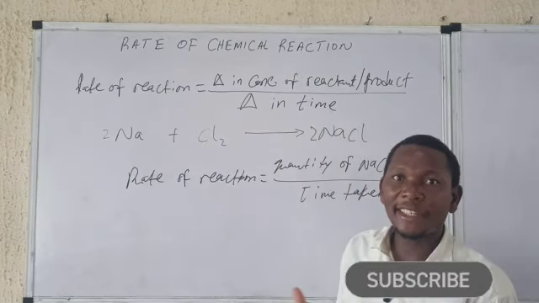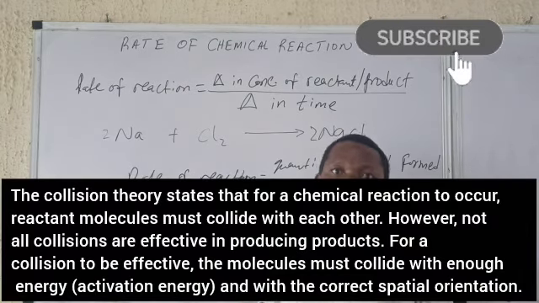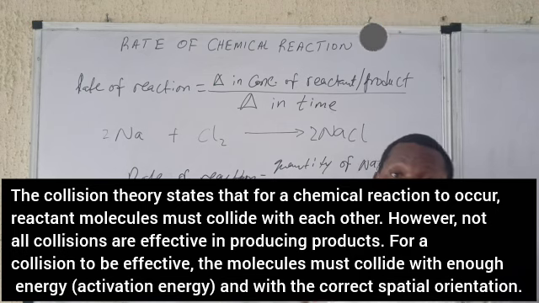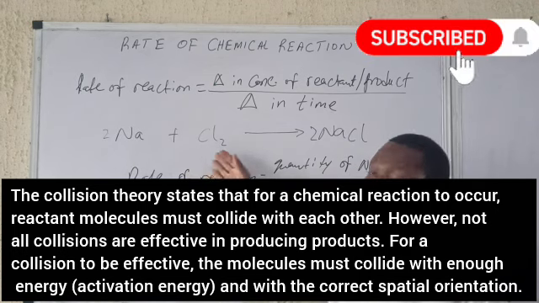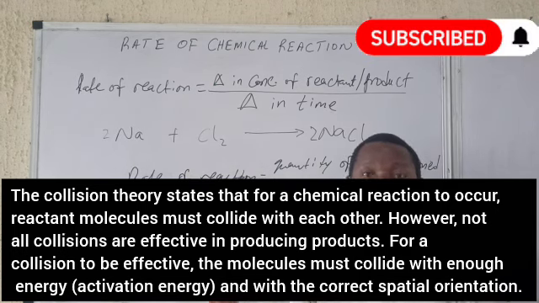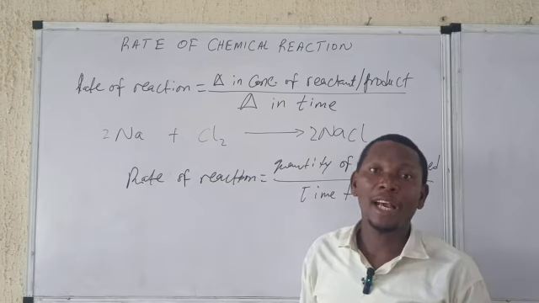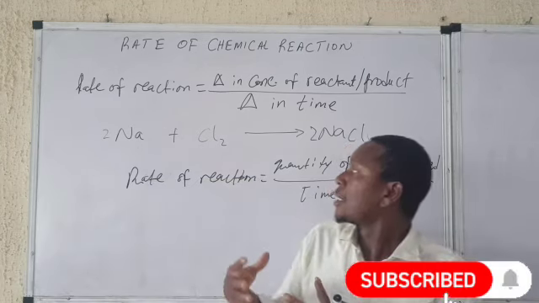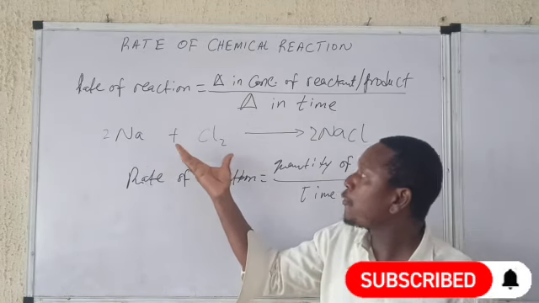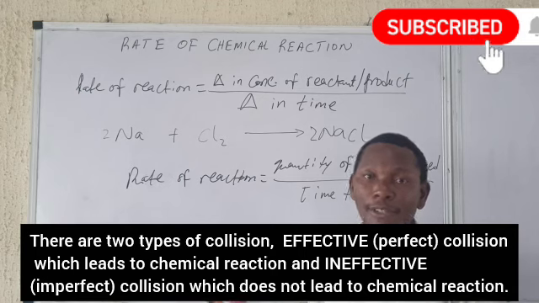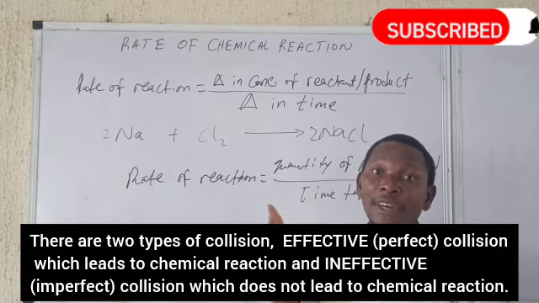So before we move further, let's deviate a little and talk about collision theory. For a chemical reaction to take place, the reacting particles must interact, they must collide with each other. We have two types of collision, effective and ineffective collision.